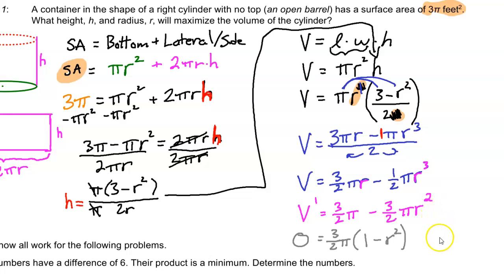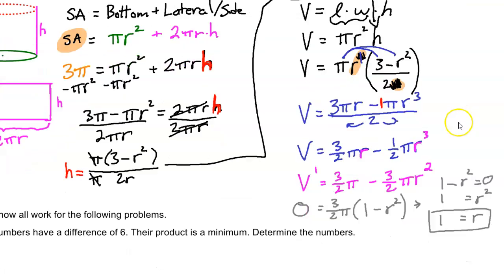So we got 1 minus r squared equals 0, which of course means 1 is equal to r squared, which means r has to equal 1. Normally it'd be plus or minus 1, but there's no such thing as a negative radius, so we just stick with the positive 1 only.